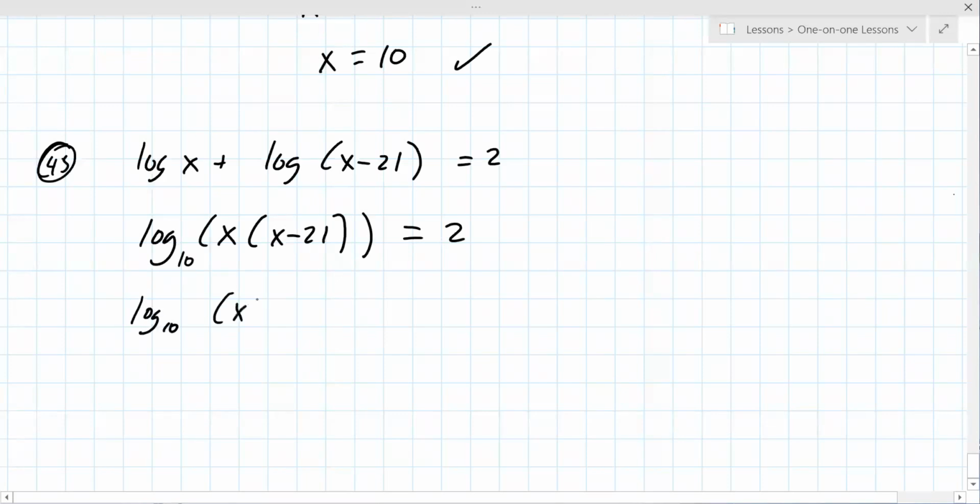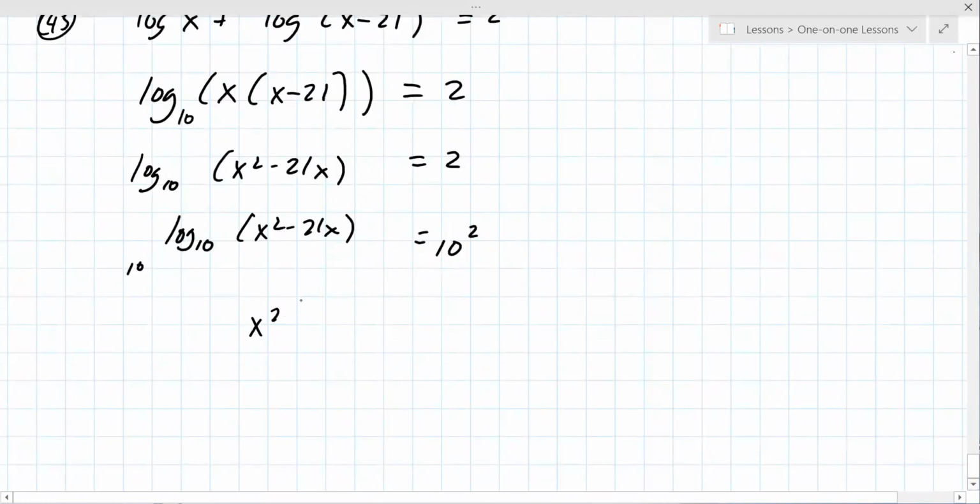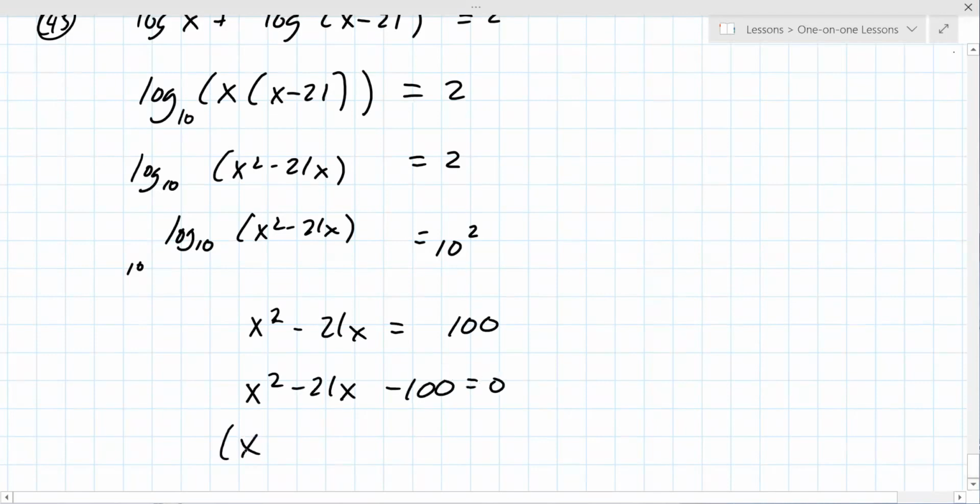So it's x squared minus 21x equals 2. Log base 10, and then 10 to the log 10 of x squared minus 21x equals, what is it? Is it 10 squared? Yep, 10 squared. So then x squared minus 21x equals 100.